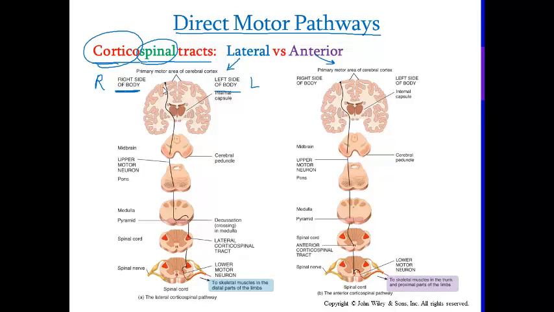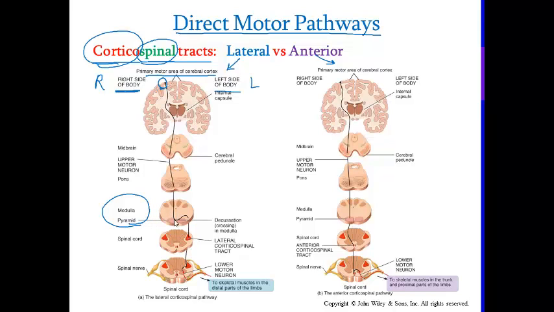Okay. So this is your primary motor area of the cerebral cortex. So first, for instance, the upper motor neuron cell body sends a message to the midbrain. Now, this upper motor neuron continues to travel through the pons, and as it reaches the medulla, the pyramid cells are here.